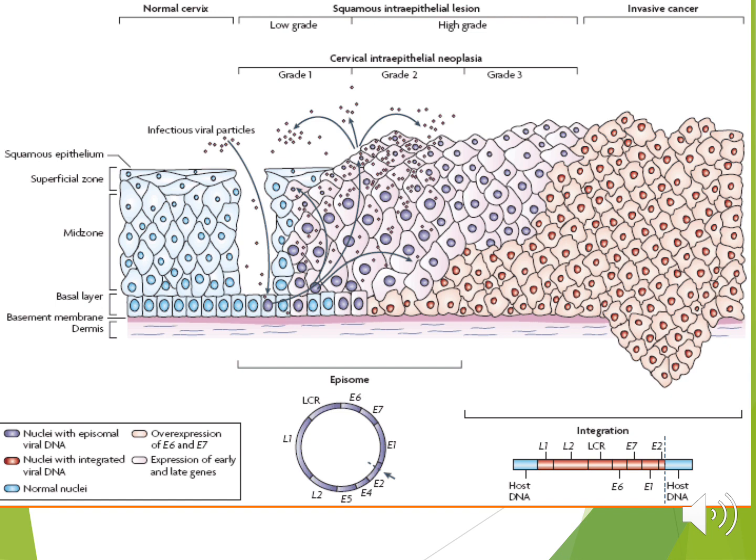What does the human papillomavirus do? Well, HPV is a DNA virus. It has several segments of its genome that integrate themselves into the host DNA, the human DNA. This will cause suppression of certain tumor suppressor genes, specifically RB and P53, which results in uncontrolled proliferation of the tumor cells.